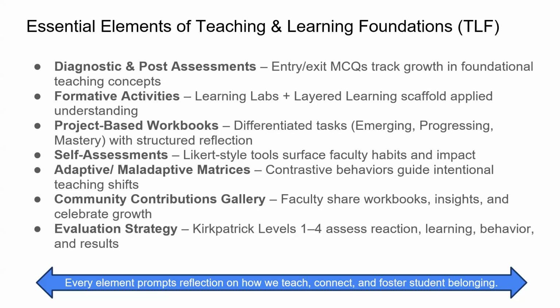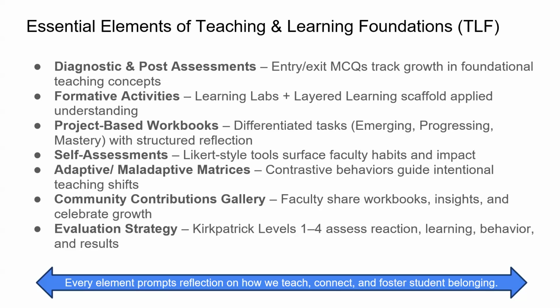So if the person received emerging, progressing, or mastery, they will get a structured workbook plan each week of the module to make sure that they are understanding content at their specific level and moving towards the next competency-based level.